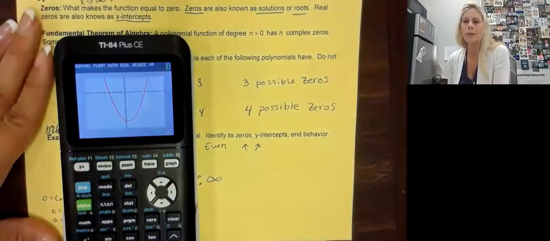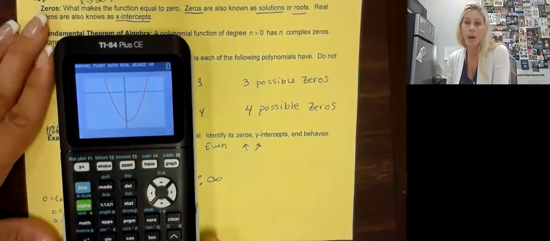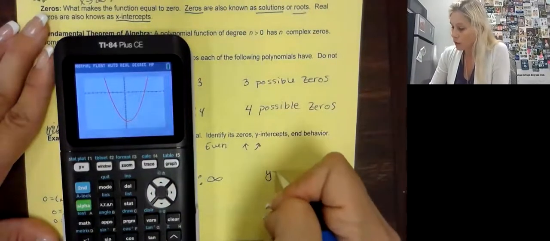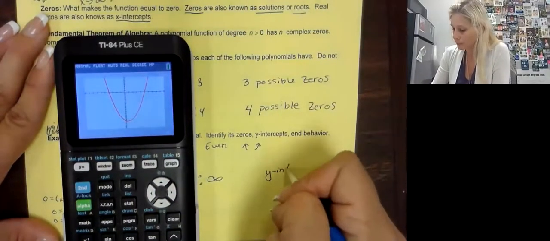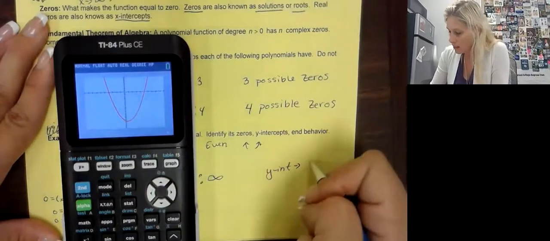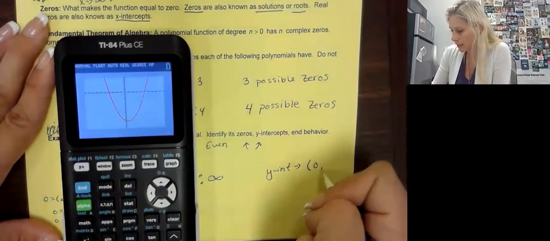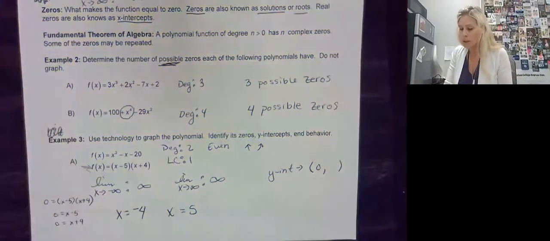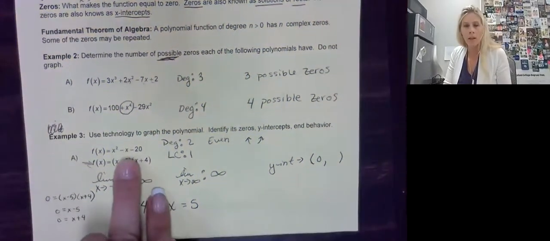But how could I do that without looking at the calculator? Well, the y-intercept, of course, is a coordinate pair, and it is when x equals 0. So without a calculator, what we could do is just plug in 0 for x and solve.